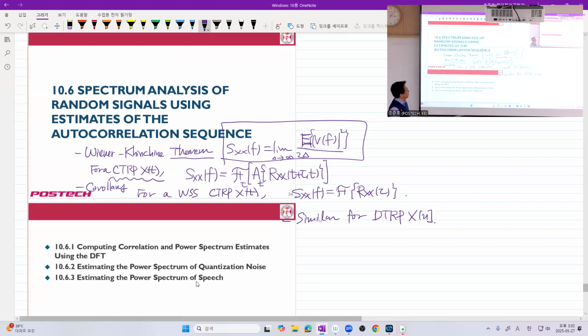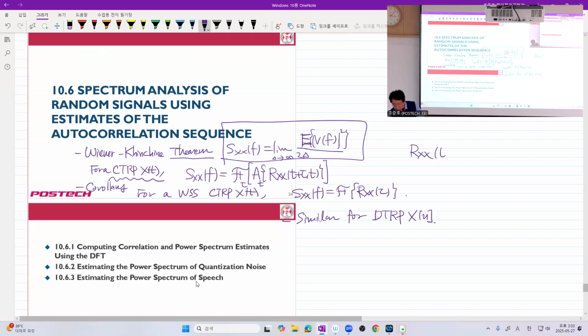Something like that. Anyway, and this looks very complicated, but the outer operation is Fourier transform with respect to the variable tau. And this capital A is time averaging with respect to variable t. And you have a two-parameter function, Rx, x, t plus tau and t.